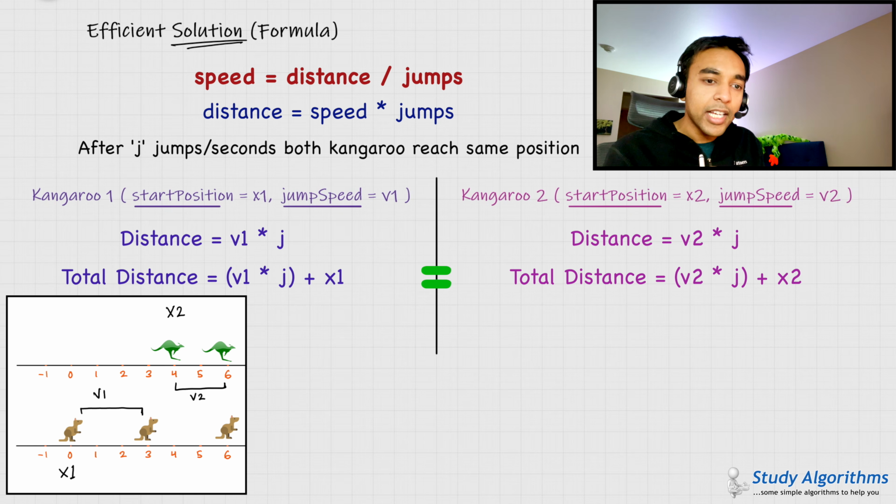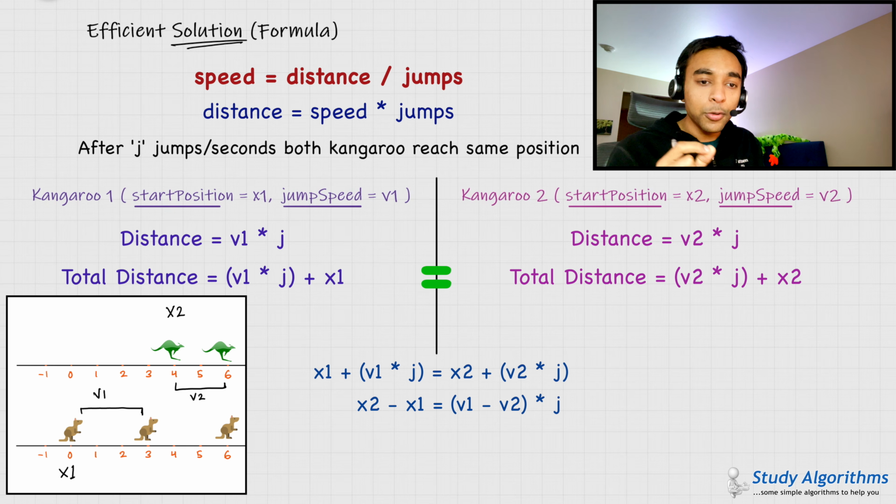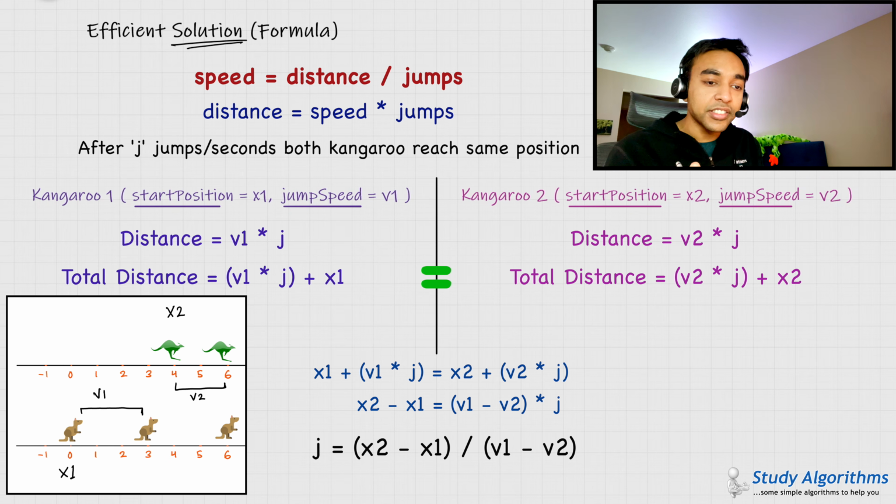So when I equate them, it will turn out to be x1 plus v1 into j should be equal to x2 plus v2 into j, right? Taking a step further, I will get x2 minus x1 equals v1 minus v2 into j, and hence j equals x2 minus x1 divided by v1 minus v2.